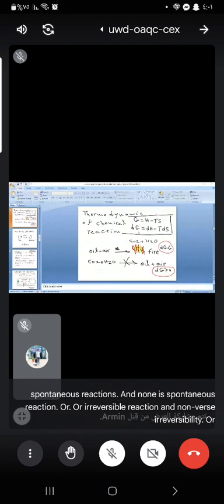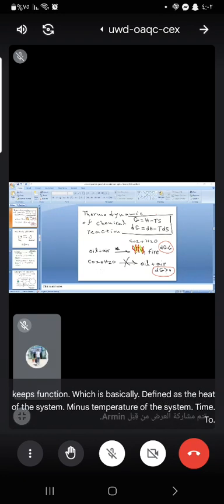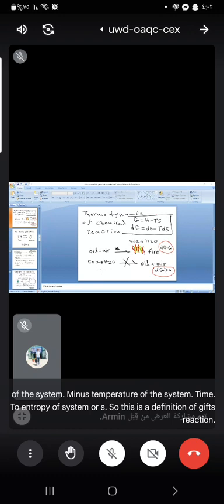For a chemical reaction which happens spontaneously, there is a function called G, or Gibbs function, which is basically defined as the heat of the system, H, minus the temperature of the system times the entropy of the system, S. So this is the definition of the Gibbs function. And a reaction which goes spontaneously can happen very fast.